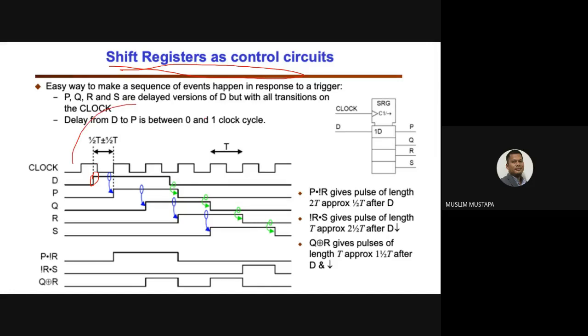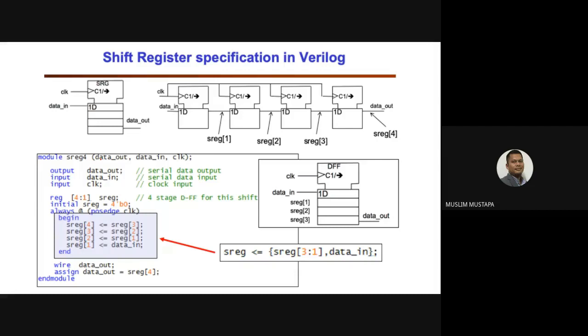I think this slide will make you confused, so let's use this slide. Before we go into how to make a shift register as a control circuit, we first try to understand how the shift register functions. I hope you understand the circuit, so you don't get confused when you look at this coding.